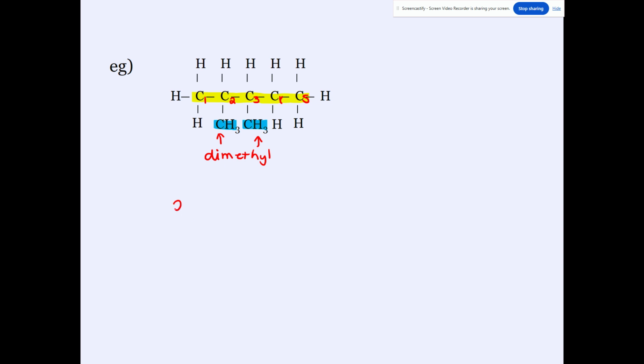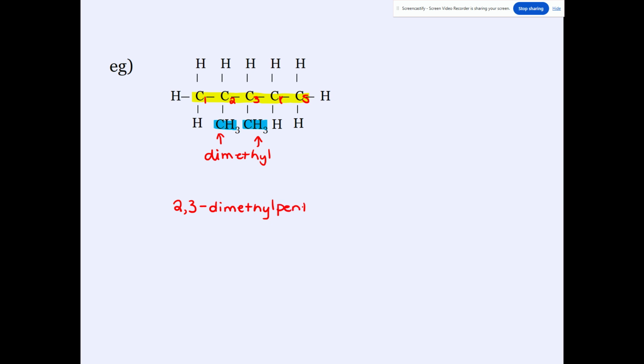It's 2,3-dimethyl. So this means that there are 2 methyl branches. I have to have a number for wherever each methyl branch is, even if I use the same number more than once. So 2,3-dimethyl.